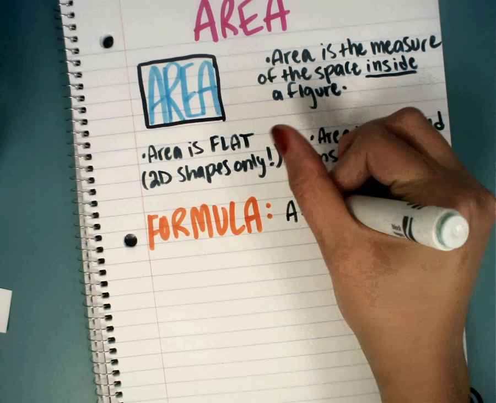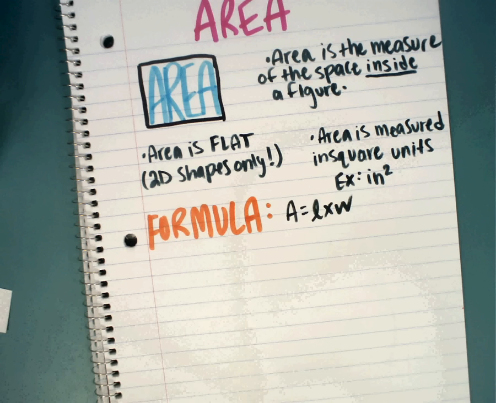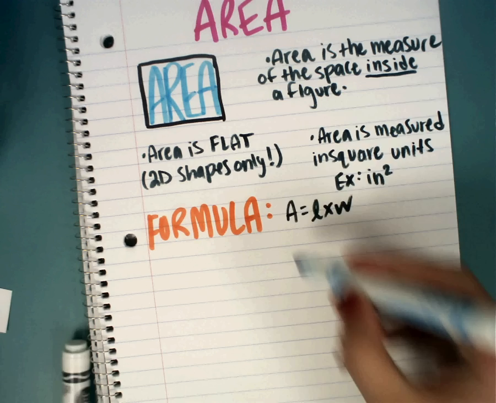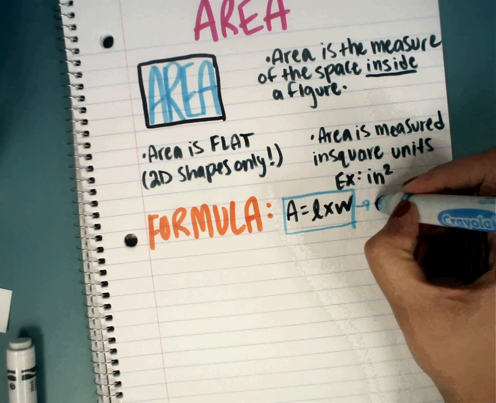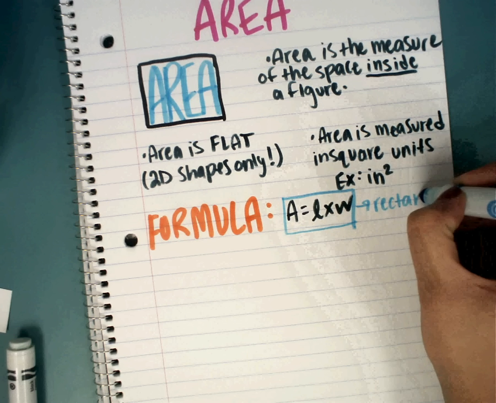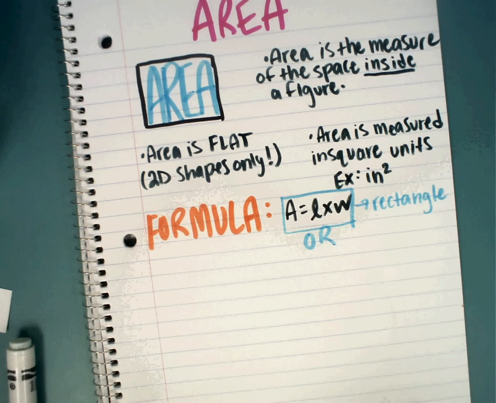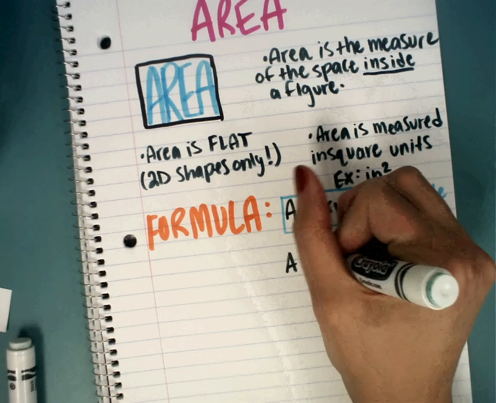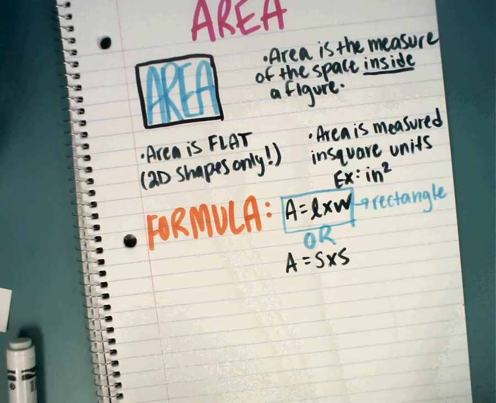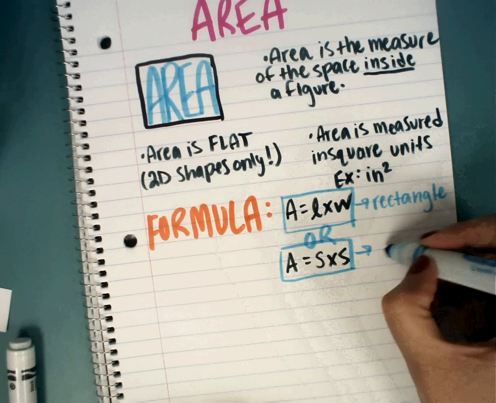And that's for a rectangle. Or it's going to be A equals S times S, and that's only for a square, for the same reason I talked about in the perimeter video.